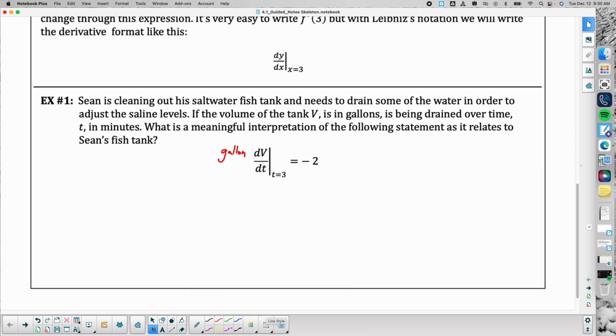I'm just writing this off to the side; it's not how it's actually reading the problem. And then time was in minutes. So if it says dv dt, I know the labeling of my answer is going to be gallons per minute. That is specifically how we figure out what it's going to say.